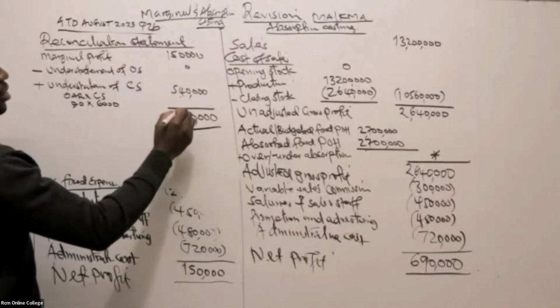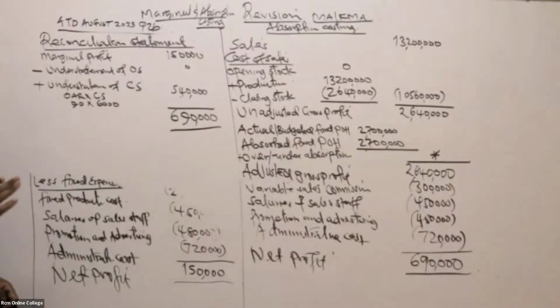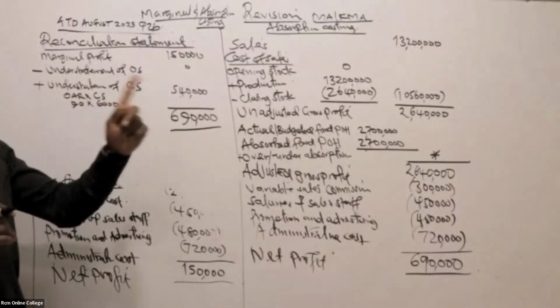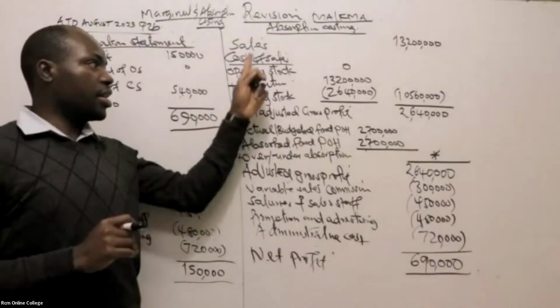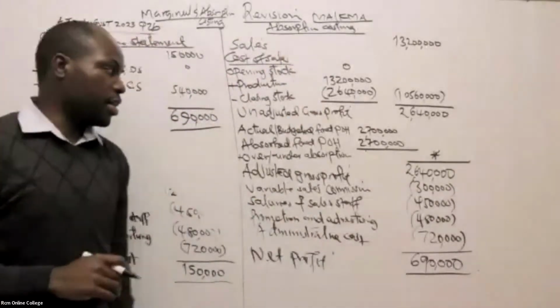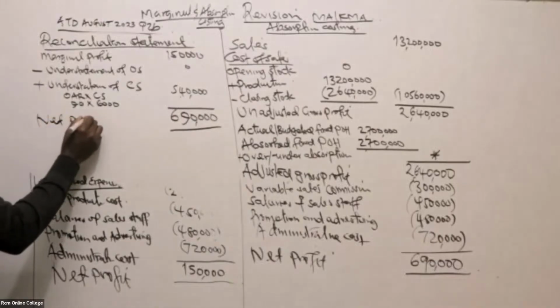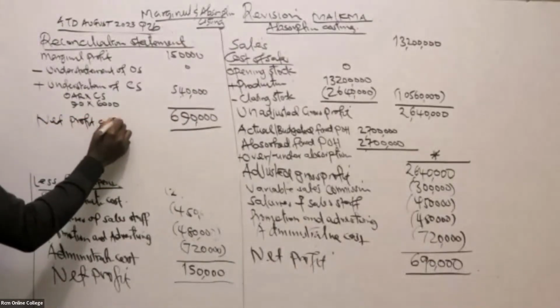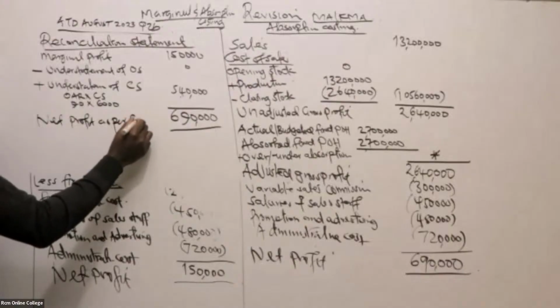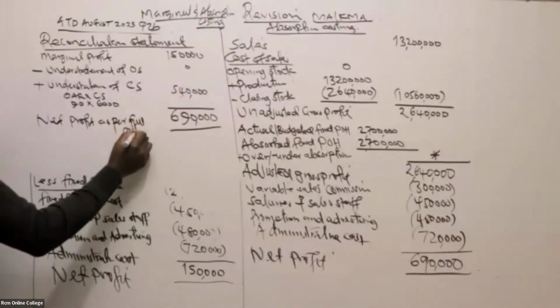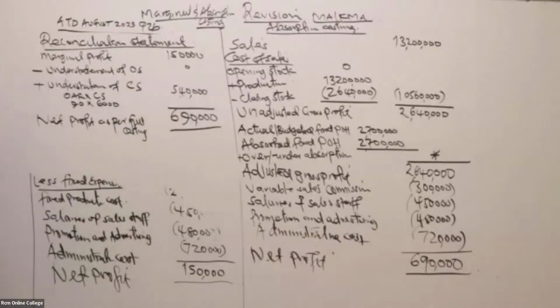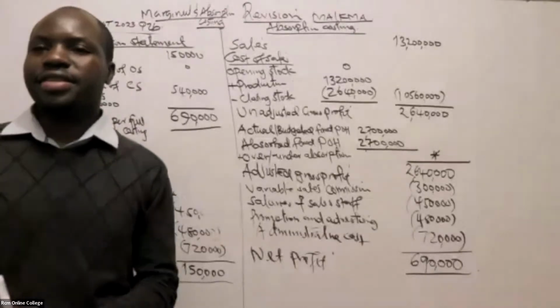Did you manage to get this 690,000 anywhere under the two methods? Yes, the 690,000 is our net profit as per full costing methods. That's how you prepare a reconciliation statement.